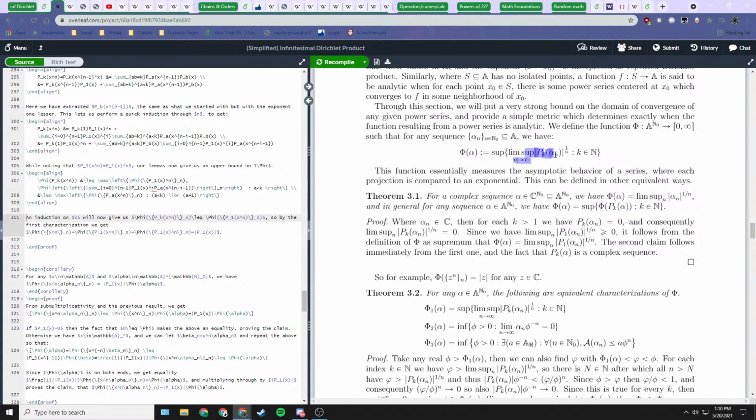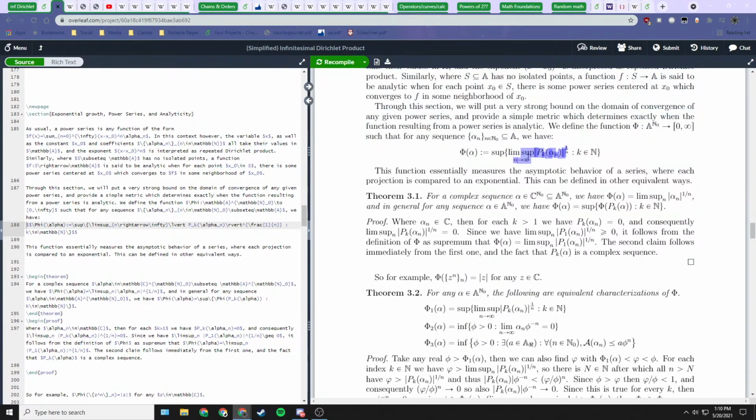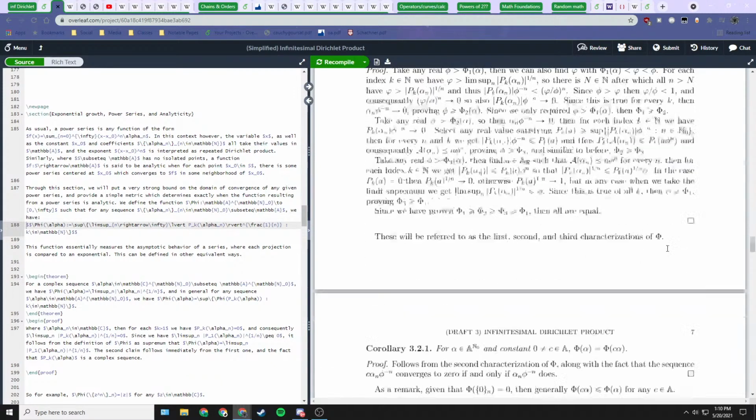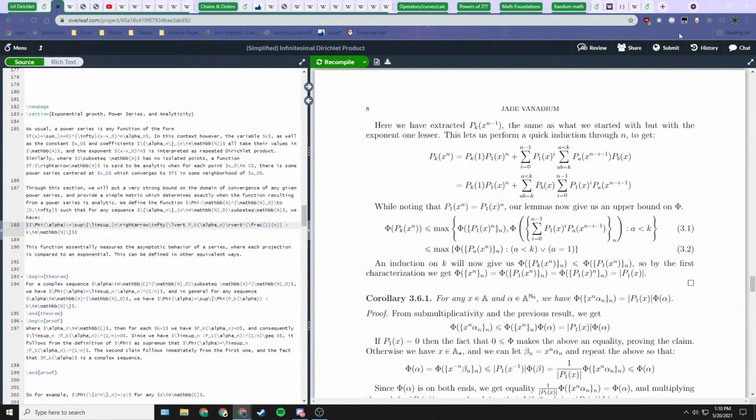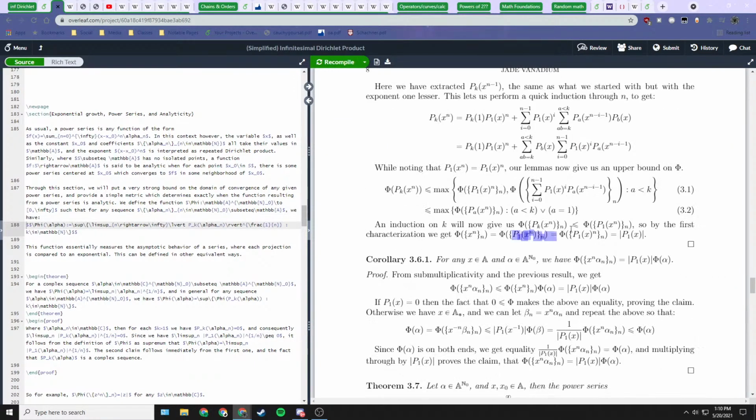Yeah, here. The first characterization is just the supremum of the root test on each projection. And so we're saying the phi value, that is the root test of each projection, is bounded by the very first projection. So right down here we are, yeah.